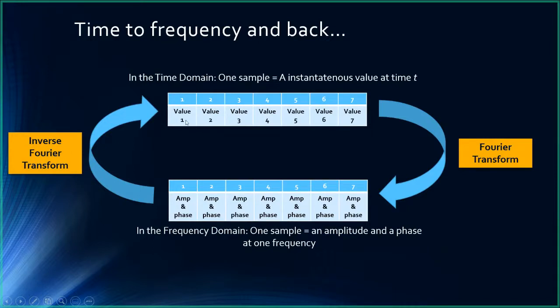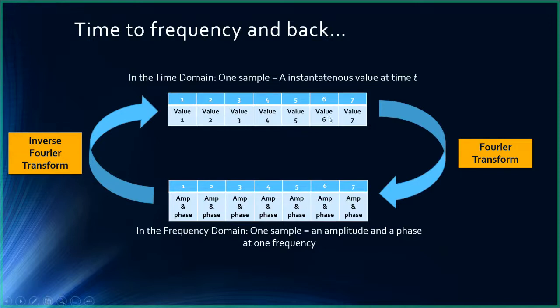From a set of values measured by the analog to digital converter, you see value 1, 2, 3, 4, 5, and so on. When you apply the Fourier transform, you will get the same number of values, but they don't represent the same thing. In the time domain, one value is a measurement at a certain time. That's the voltmeter we saw in the beginning. So value 1 is the first value you could read on the voltmeter, value 2 is the second, and so on.